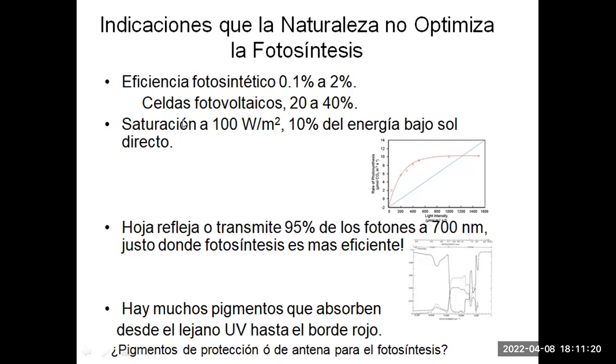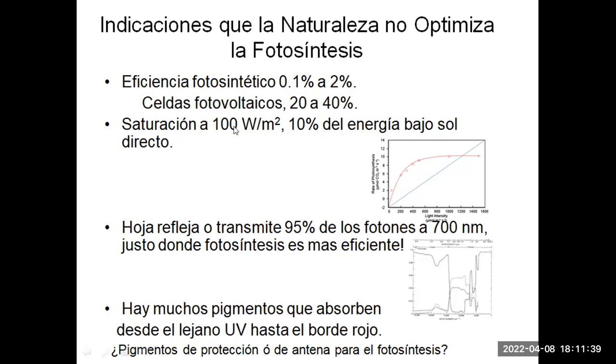Okay, so that's an interesting fact. Also, we get the saturation effect. If we have more than 100 watts per square meter, which is only about 10% of the energy which the sun is giving to us, when the sun is directly overhead we're getting about 1,200 watts.